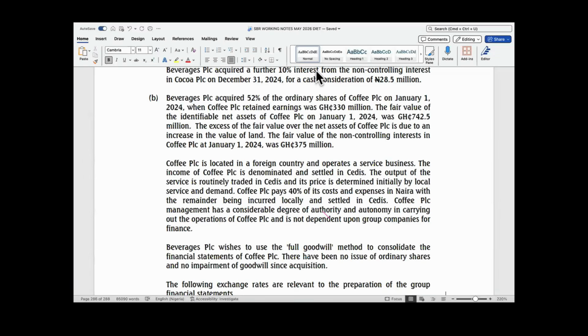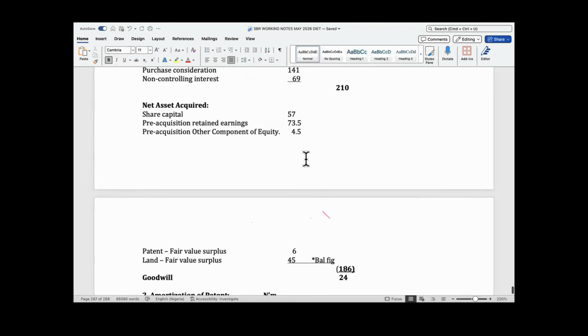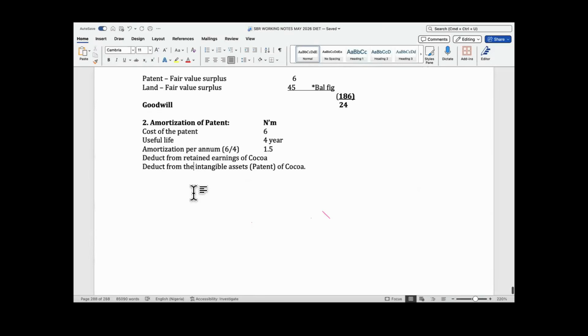When you have done that successfully, then you can compute your goodwill, then do your exchange difference. Then you can move to consolidated retained earnings and NCI and all that. So that's the first thing I do here. So I'm going to be doing translation with this.